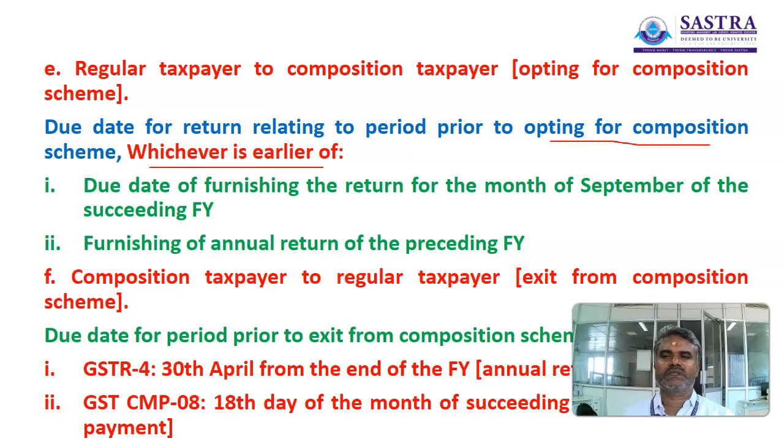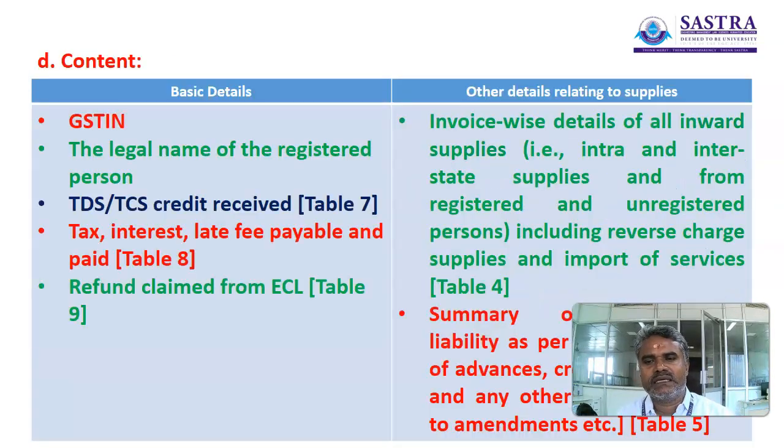So regular taxpayer, suppose you are a regular taxpayer now, but you would like to transfer from this scheme to the composition scheme. When you are going to switch over from the present tax system to composition taxpayer, up to that date you have to file the regular return.